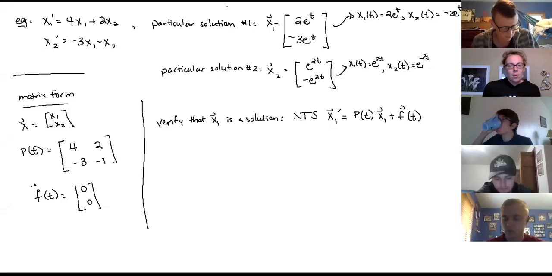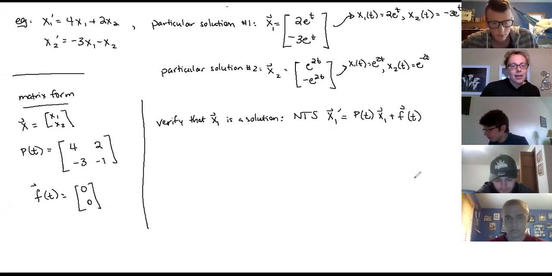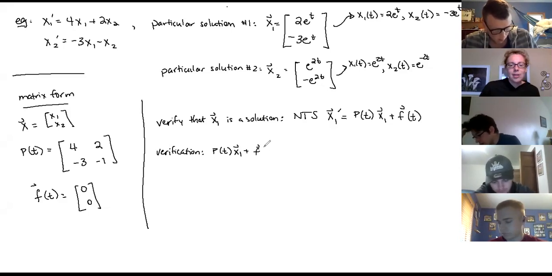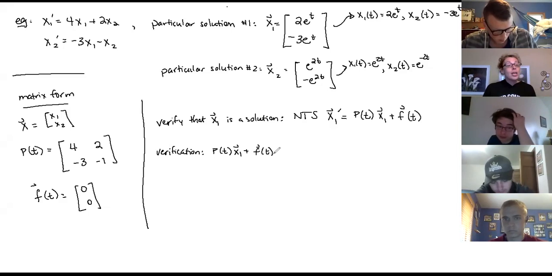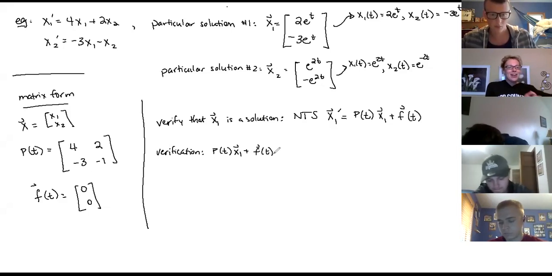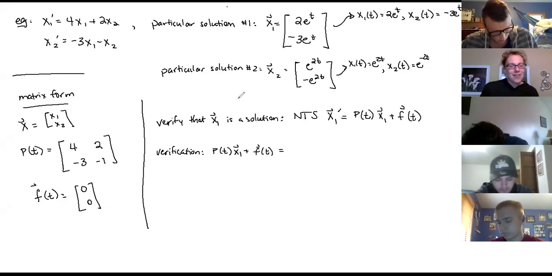If we are going to verify, we'll label this as verification. I am going to have P of t times vector x1 plus vector f of t. Look, I wrote down the right-hand side exactly how the left-hand side appears. Now I can start plugging some stuff in.